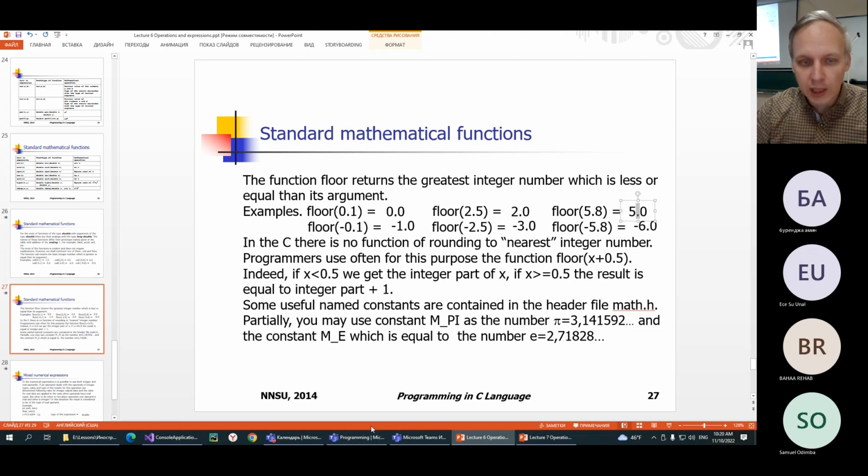To return the nearest number, we can apply the function floor of x plus 0.5. Indeed, if the fractional part of x is smaller than 0.5, we get the integer part of x. If it is greater than 0.5, the result is equal to the integer part of x plus 1.